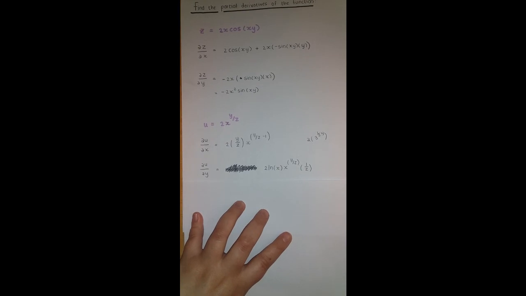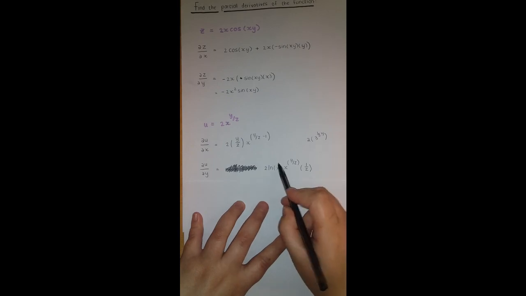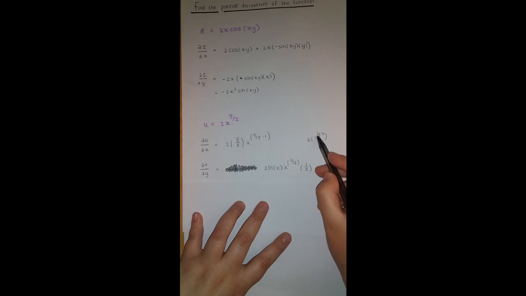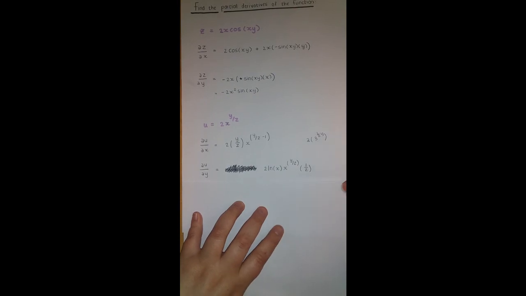Derivations with constants to the power of variables usually cause us to have a ln of the constant times the derivation of the variable up here.